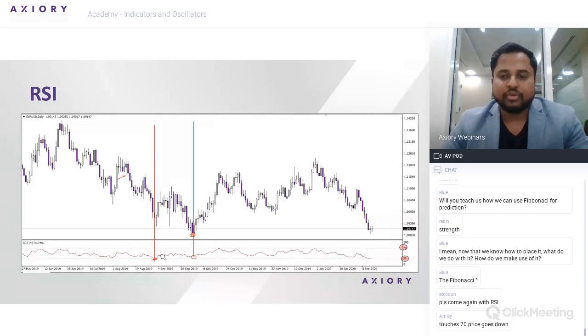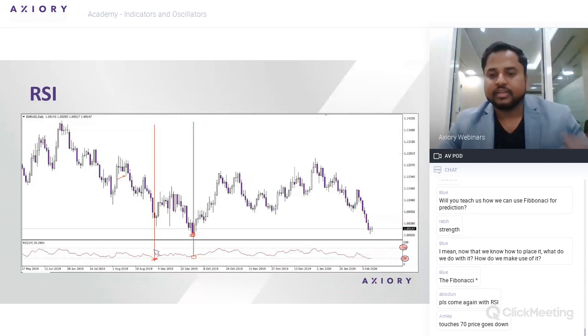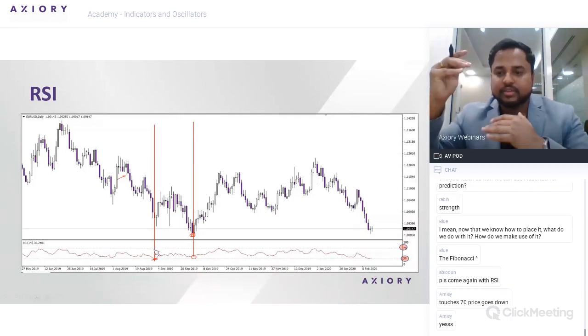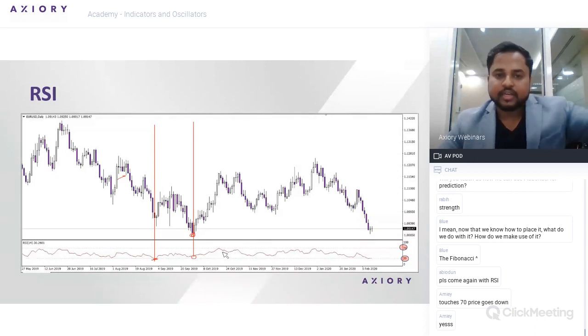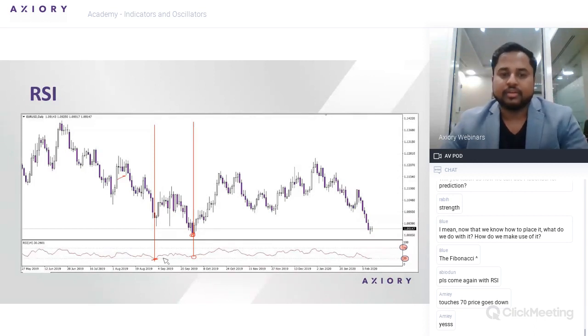Are you following me? 30 and 70 are the two levels. When this curve touches the 30, the price can go up. When the graph touches the 70, the price can come down. See here, the price touched 30 and nicely went up.